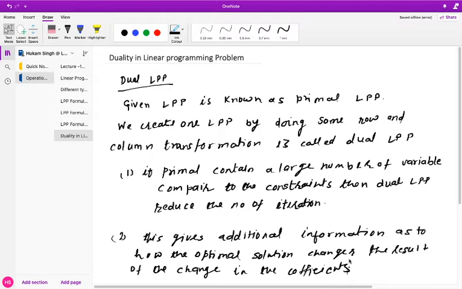Suppose you are working in a company and you want to check whether by adding one employee into the team we can increase the profit, and by how much. That information you can get by analyzing the dual LPP. So let us understand how to convert a primal LPP into its dual form.